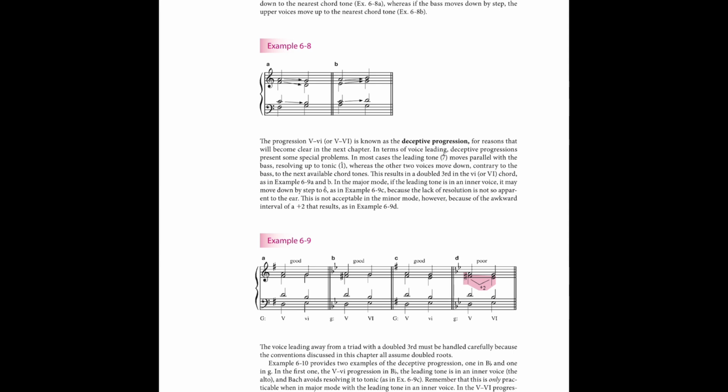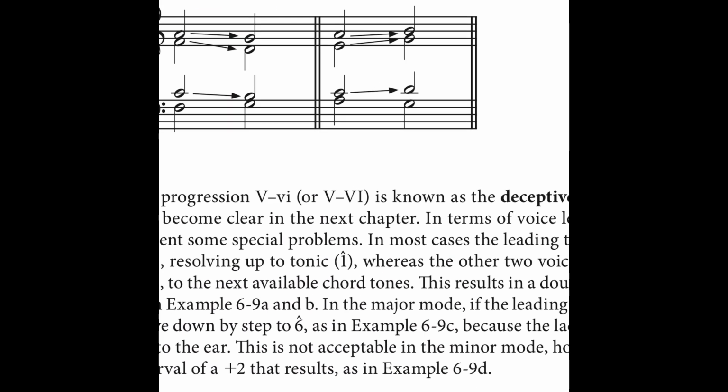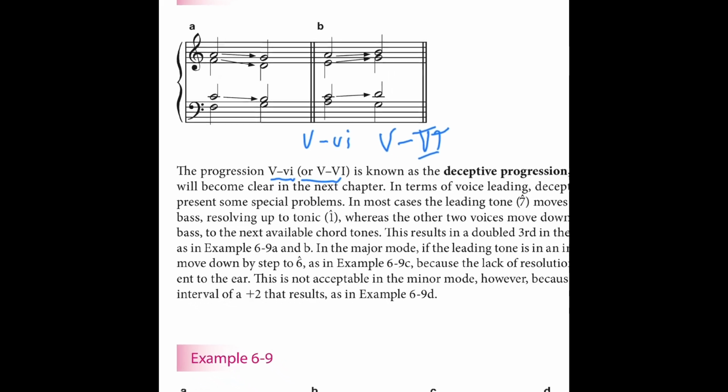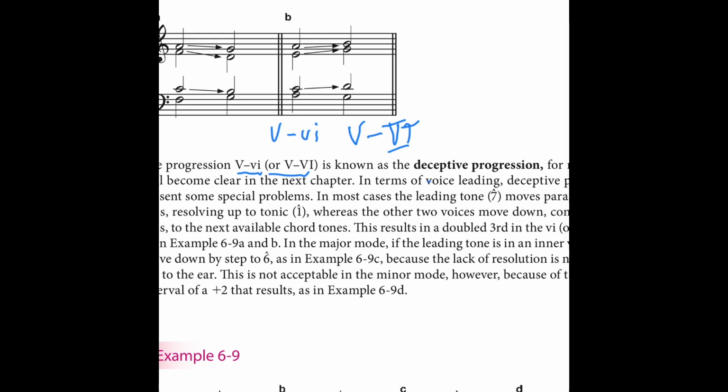So the deceptive progression is keeping this chord over here, 5 to a 6, or V to vi. It's known as deceptive progression.